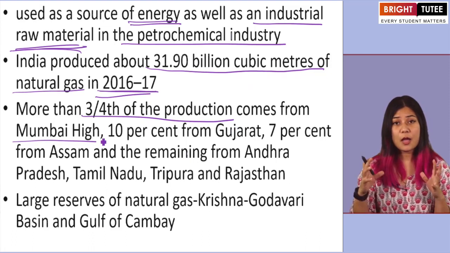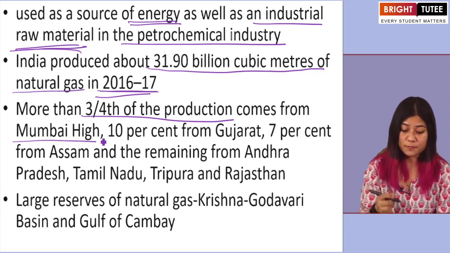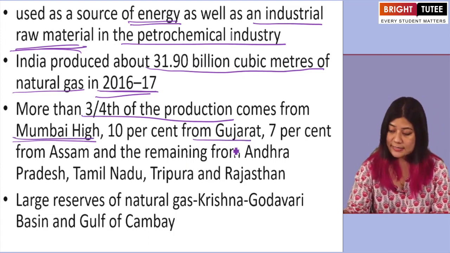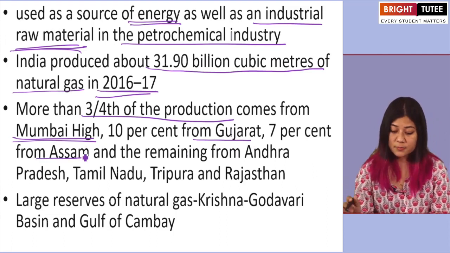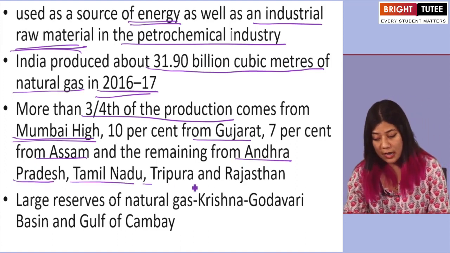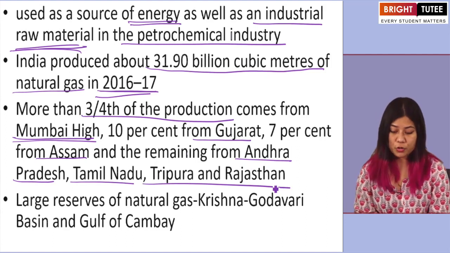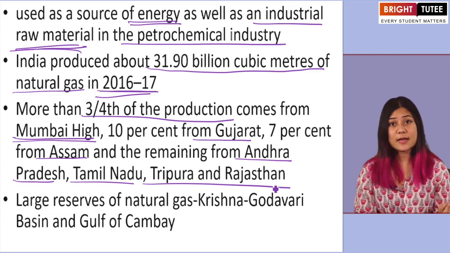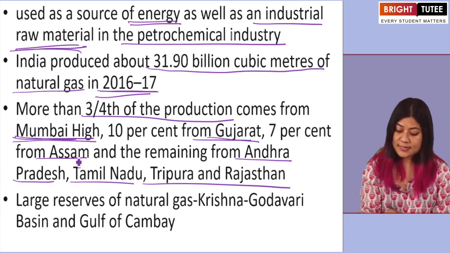Ten percent comes from Gujarat, seven percent from Assam, and the remaining portion comes from states like Andhra Pradesh, Tamil Nadu, Tripura, and Rajasthan. So just like petroleum or crude oil, the majority of natural gas comes from Mumbai, Gujarat, and Assam.